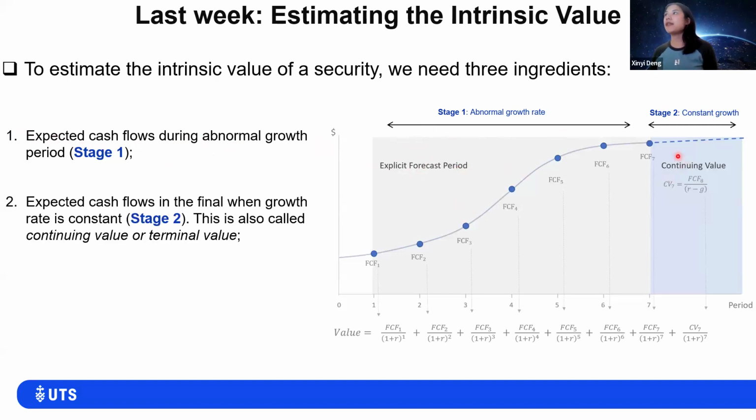And what about the second input? The second stage is where the firm enters the mature stage and the growth rate slows down. So the second input is the expected cash flows of the second stage, when the growth rate is low.